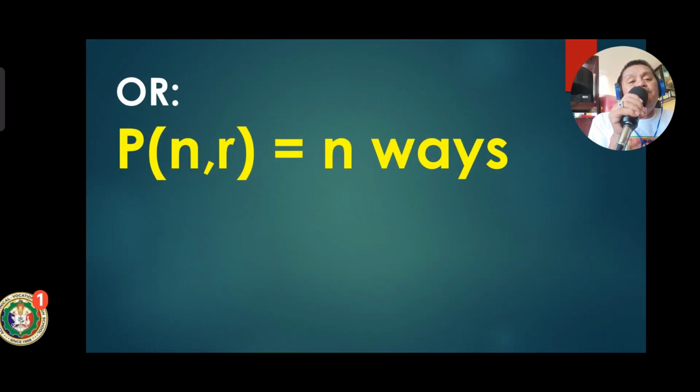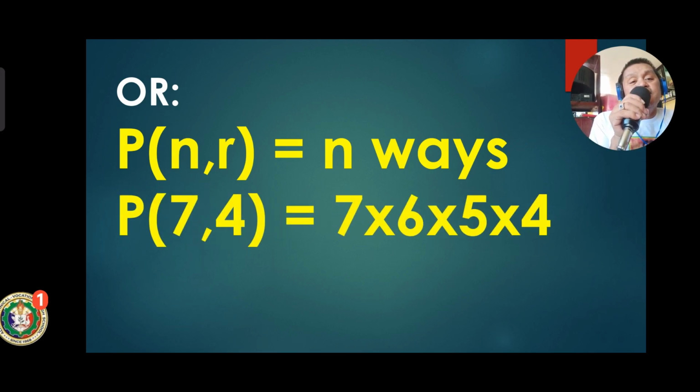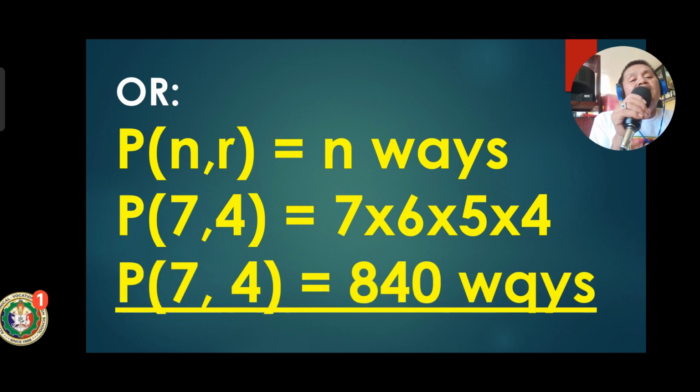Or the permutation of n objects taken r at a time. So we have the permutation of 7 students taking 4 chairs, which is 7 times 6 times 5 times 4. Again, the permutation of 7 students taken 4 seats at a time is 840 ways.